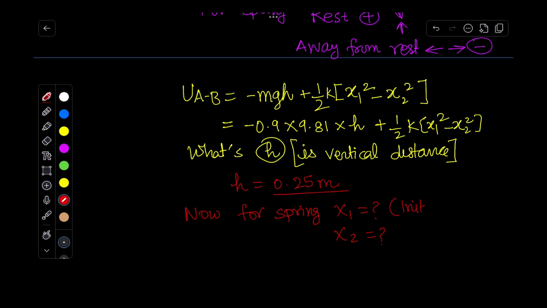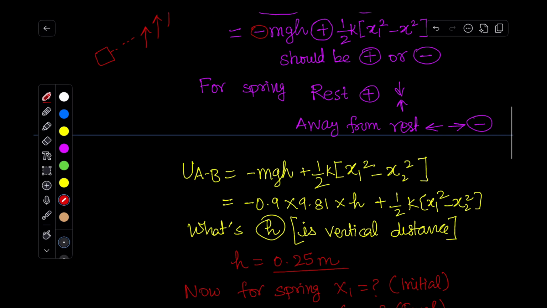Now let's see what is x1. As you know, x1 is the initial condition of the spring in this problem, and x2 is the final position of the spring in this problem. I'm not talking about the rest condition. So at the initial condition, we can find how much the spring is stretched.